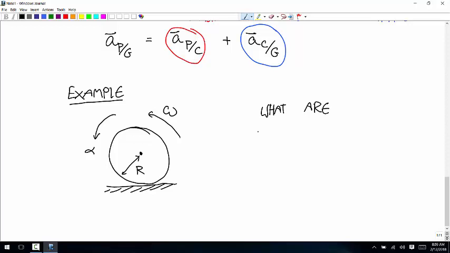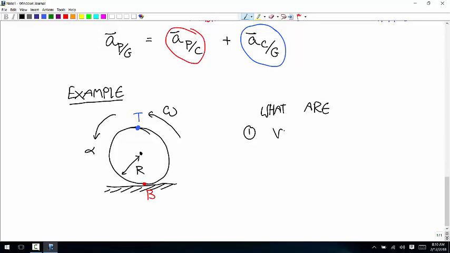And we want to calculate, there are 2 points we want to calculate stuff. So I'll call this point B for the bottom of the wheel, and I'll call this point T for the top of the wheel.